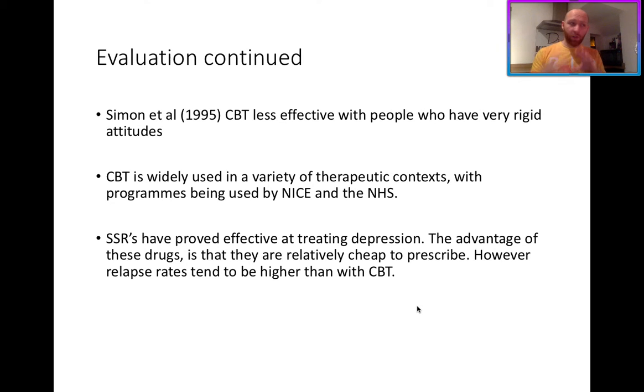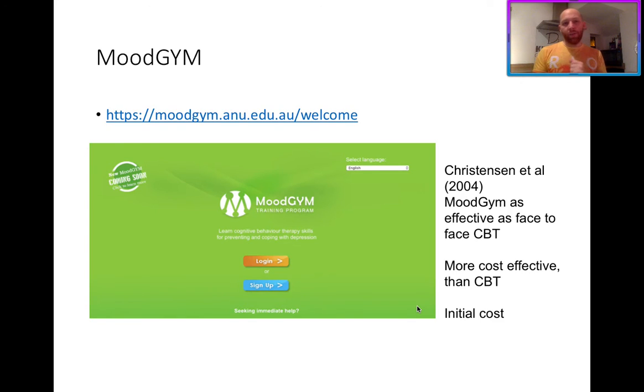So if you're in a medical context, the decision you have to make is going to be a cost benefit analysis. Now, one of the most interesting developments out of CBT has been online platforms such as Mood Gym. Mood Gym is an online website which has downloadable worksheets and homework assignments and all sorts of stuff like that.